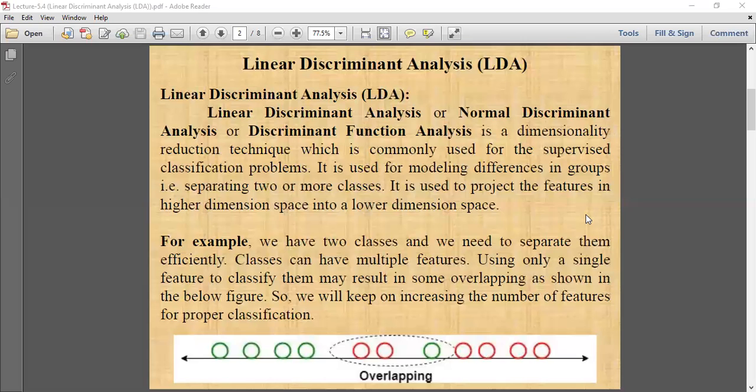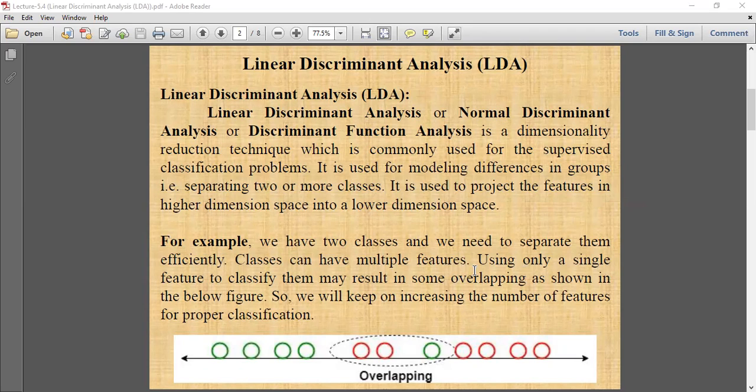It is used to project the features in higher dimension space into a lower dimension space. For example, we have two classes and we need to separate them efficiently. The classes can have multiple features.